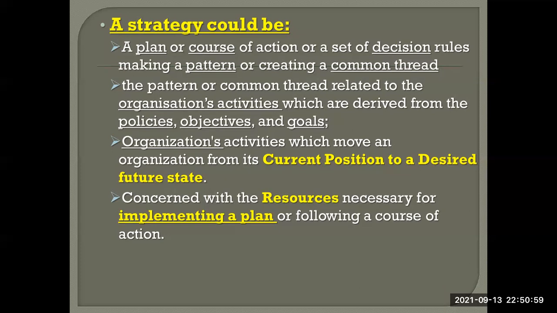So in the first definition, we said what all things we do to achieve our objectives is our strategy. So here the same thing is repeated in the first and second definition. Now the third definition: an organization's activity which moves an organization from its current position to a desired future state. There are computer organizations like Compaq, Dell, HP, Lenovo, Toshiba, Samsung, Whirlpool, LG.